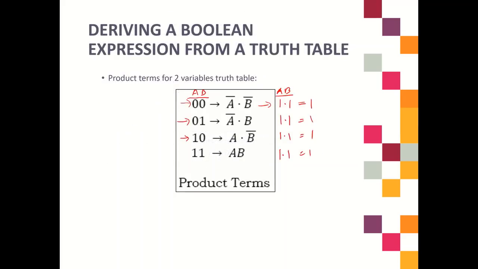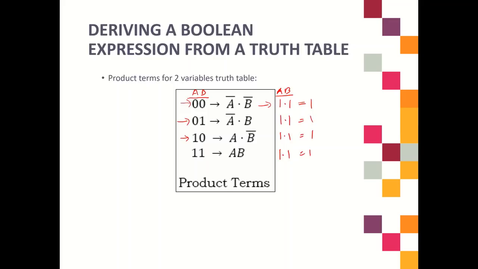So after you know how to write the product terms, you just sum all the product terms for which the output is equal to 1. The same goes for the previous example.